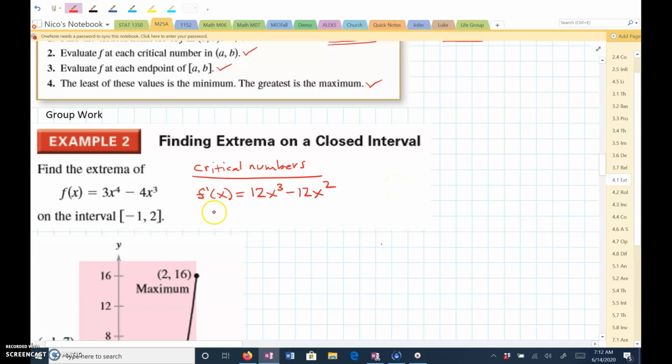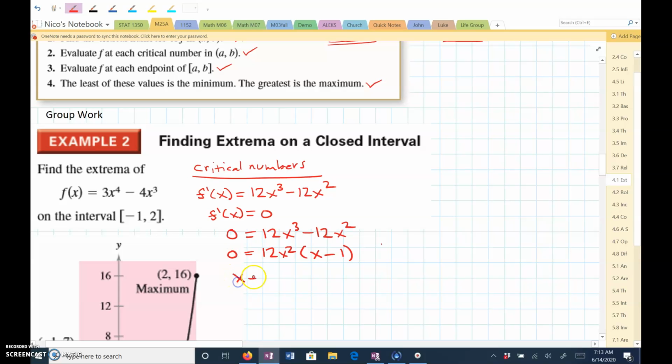Next, we need to figure out the x values where this derivative is equal to 0. So I'm going to take the whole function, set it equal to 0, and figure out the x values where this would be true. If I factor out 12x squared, I'm left with x minus 1.